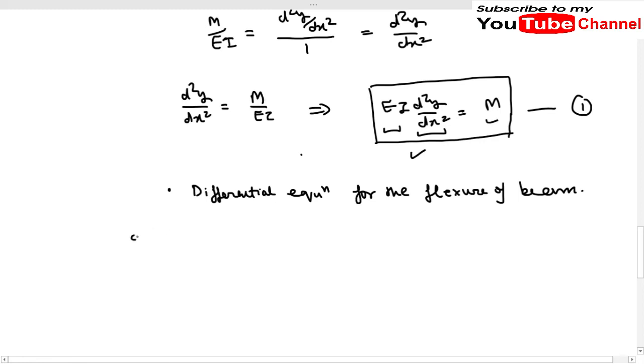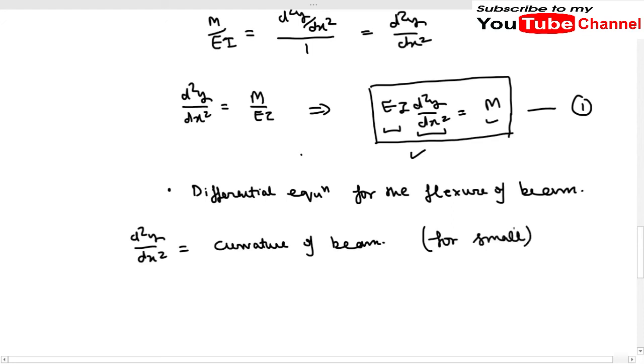So what is this d2y over dx square? This term is the curvature of beam for small slope. This is very important because this equation is valid only for small slopes. And this term EI, we know from standard material, is the flexural rigidity. Now we have got this equation number 1.